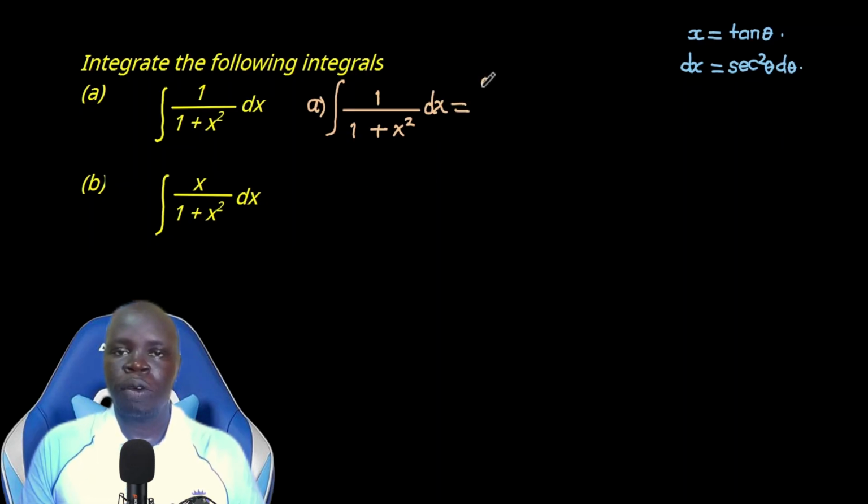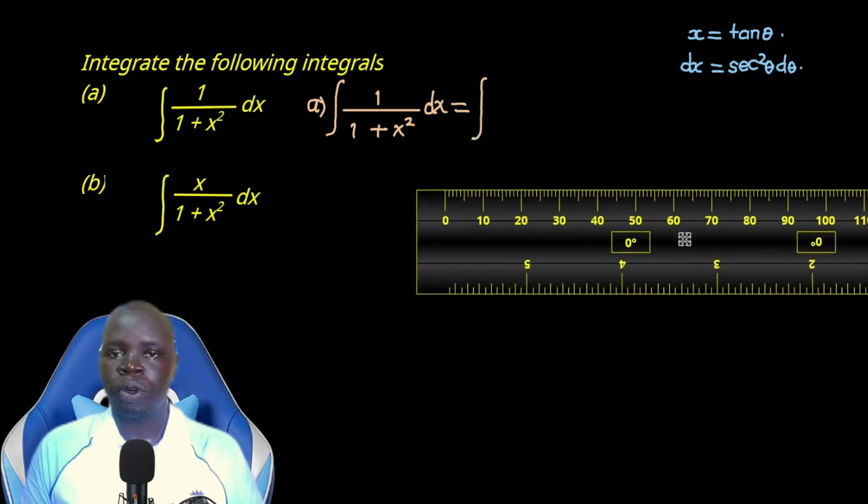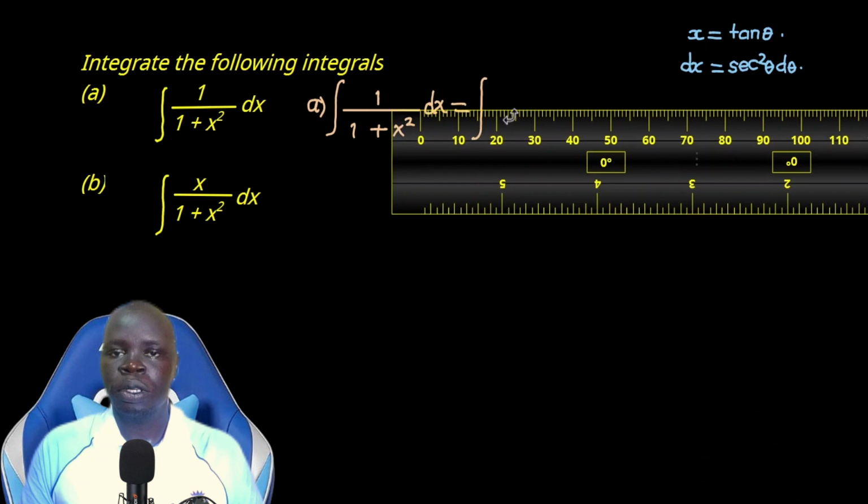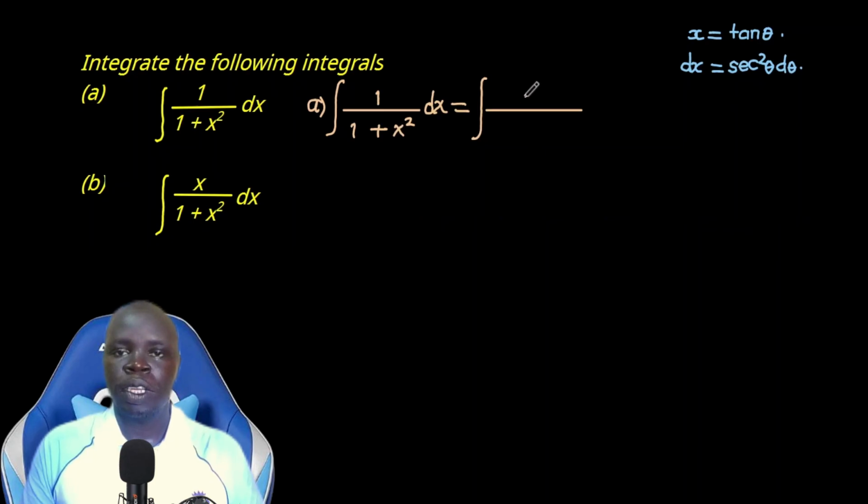Where we have our integral sign, first of all we need to have the division here, knowing very well that we have a basic question of integration, which is not all that hard.